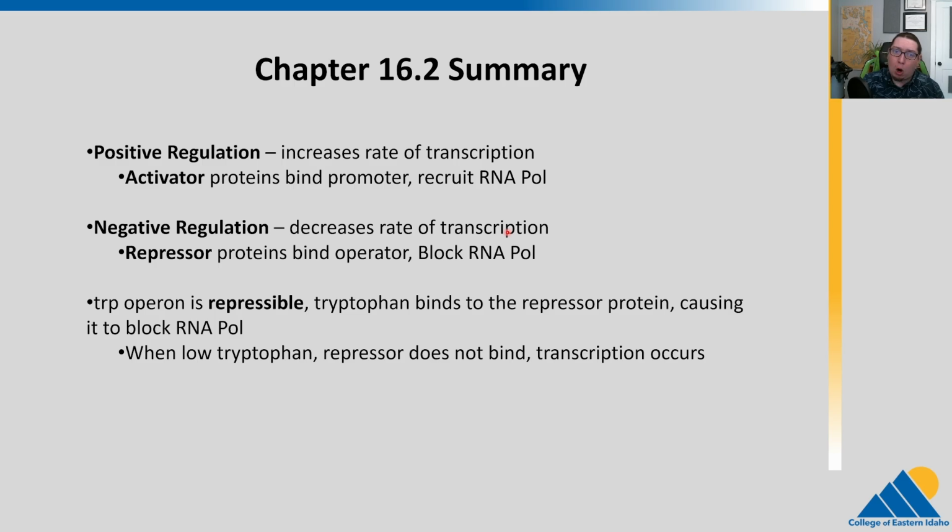They're going to block RNA polymerase from doing its job. We saw the Trp operon. That was a repressible situation where we had a negative regulator. Tryptophan binds to the repressor protein, causing it to block RNA polymerase. When tryptophan levels drop, the repressor doesn't bind and transcription can occur. We can make tryptophan. Simple situation.